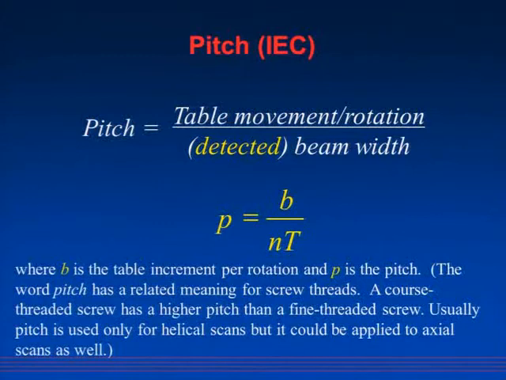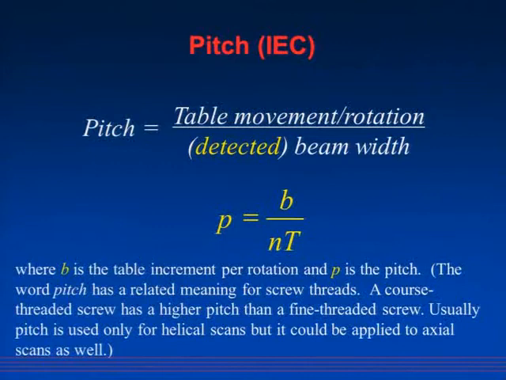Okay, so as the pitch gets higher, it's like a screw thread that has a high pitch and rapidly goes through. In CT, it's somewhat related to a duty factor.